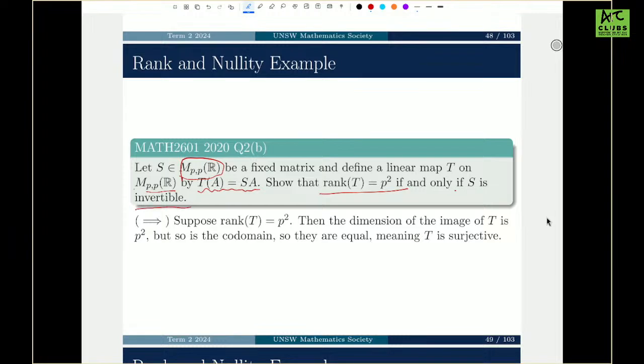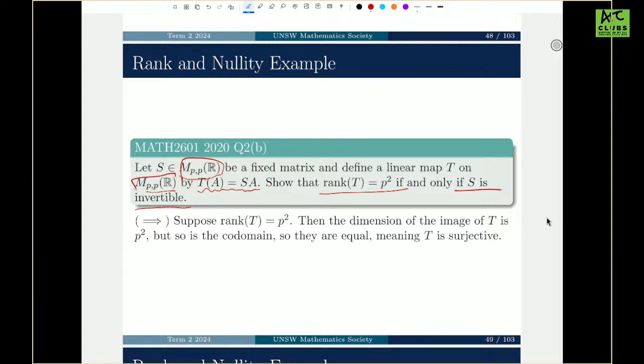S is invertible. So for the first direction, we say, suppose rank T equals P squared. Then the dimension of the image of T is P squared just by definition of rank. But the codomain is also dimension P squared.